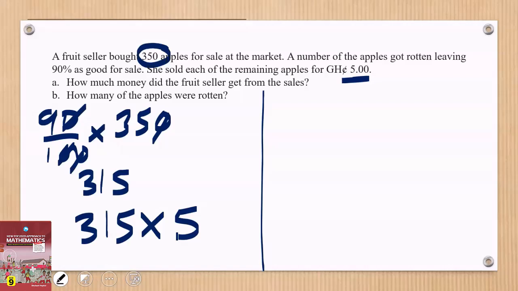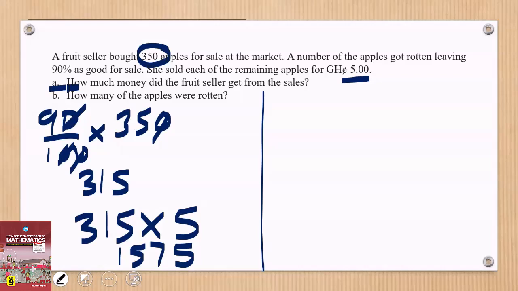Now 314 divided by 2 is 150 plus 7, so 157, right? 157. Then we attach 5, because it's an odd number. Okay, so our answer is 1,575.